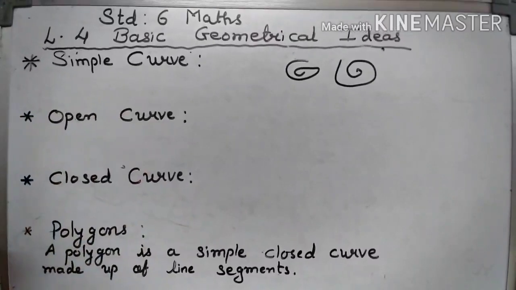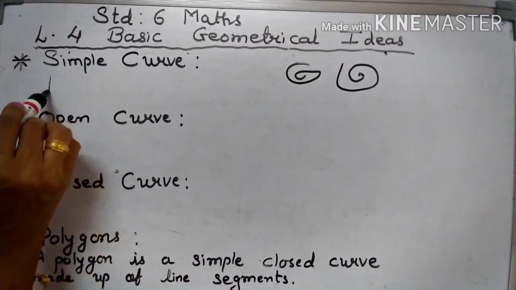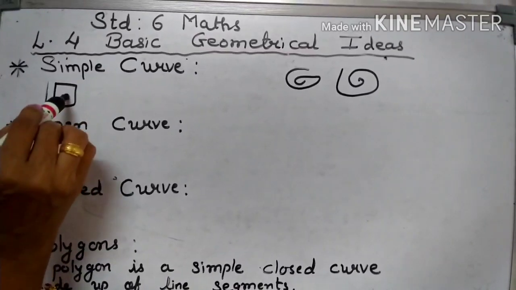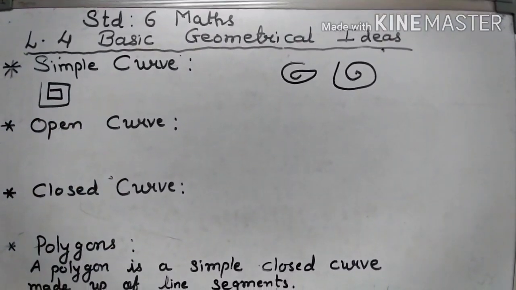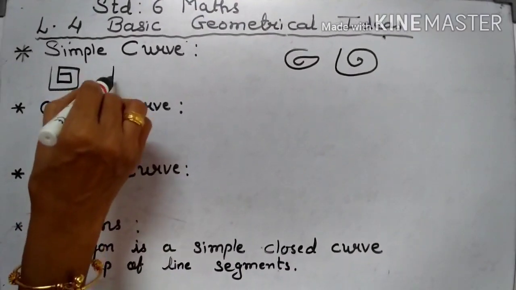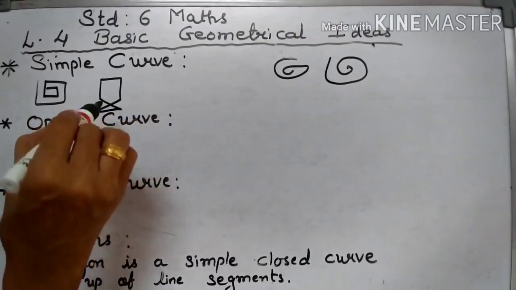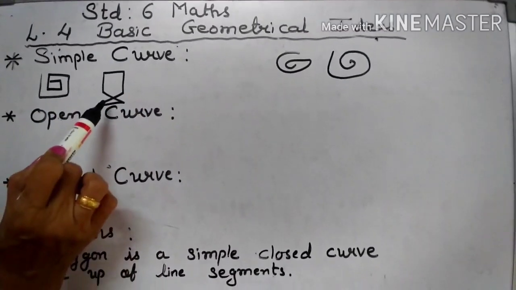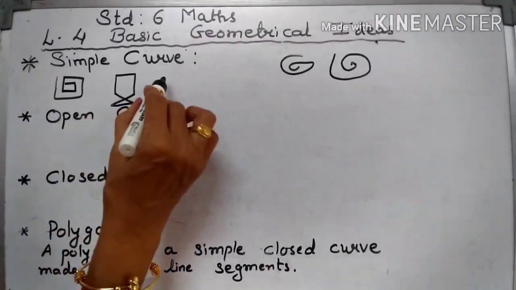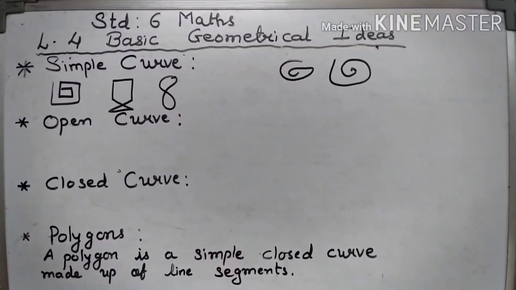Now, simple curve. If the curve does not cross itself, it is a simple curve. Can you say that this is your simple curve? No, because this figure crosses itself. So, can you say it is a simple curve?